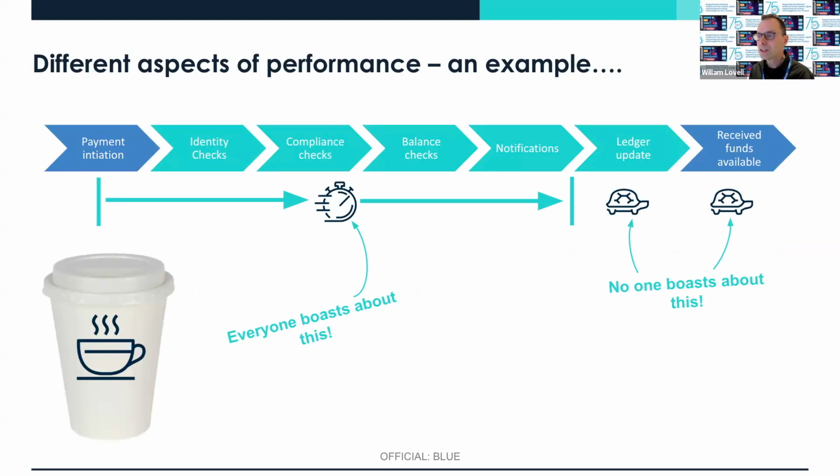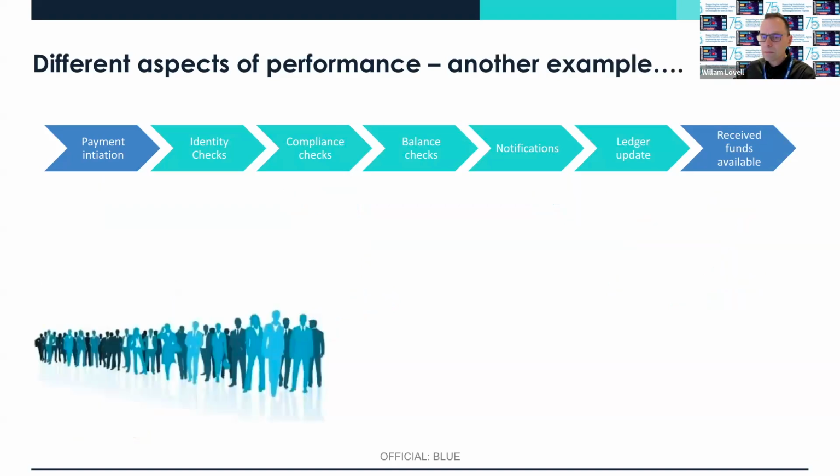And they're not mentioning that updating the ledger and somebody receiving some funds might take a day, even if the first part of it has taken a few seconds. So here we can see the duration starts to be slightly different from what we might have thought of as done.